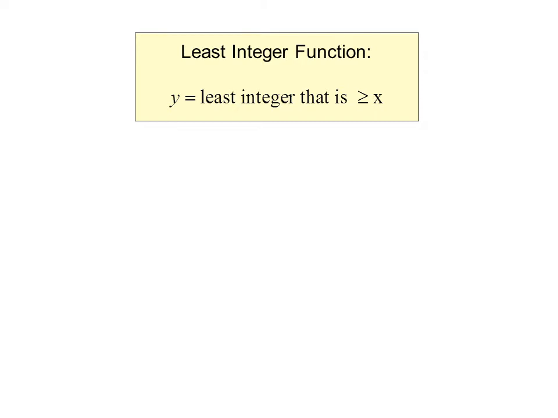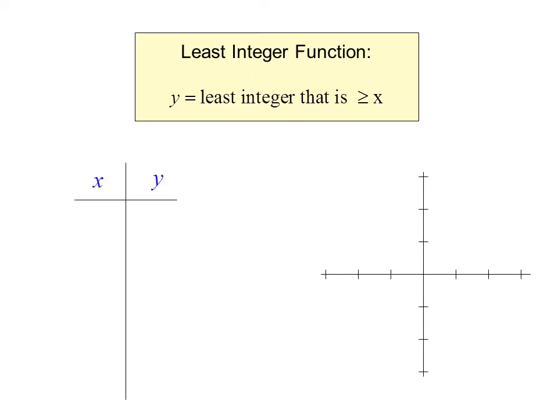The least integer function is y equals the least integer that is greater than or equal to x. Once again, we make a table. If we start with 0, the least integer that's greater than or equal to 0 is 0. And if we move to the right and let x equal 0.5, the least integer that's greater than or equal to 0.5 can't be 0 because 0 is not greater than 0.5.